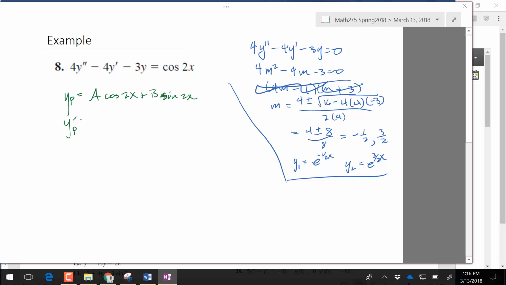So y sub p prime is negative 2a sine 2x plus 2b cosine 2x. And then the second derivative will give us a cosine 2x.